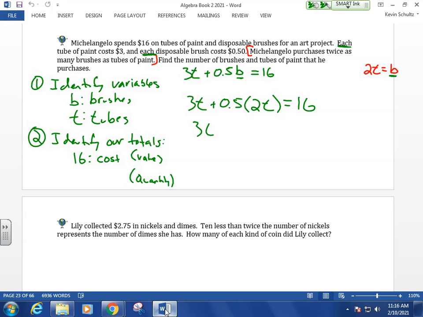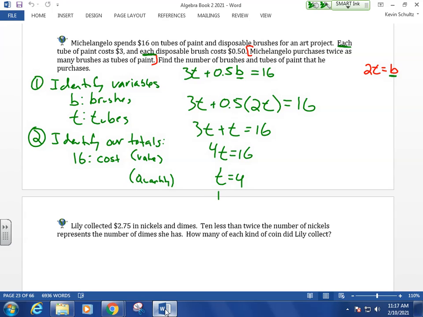Three t plus half of 2t is just 1t. 3t plus one more t is 4t. And t is equal to 4. And if Michelangelo purchases twice as many brushes as tubes of paint, if he purchased 4 tubes of paint, our value for b is 8.